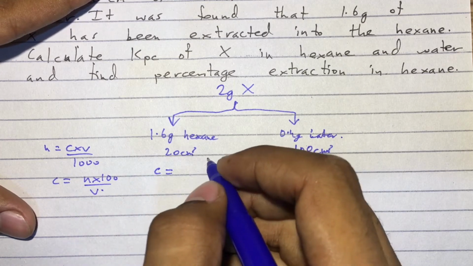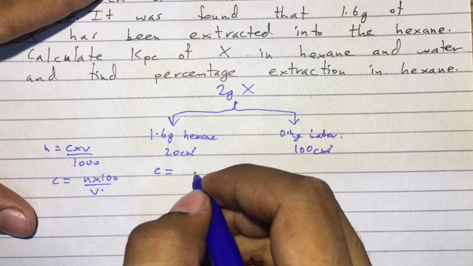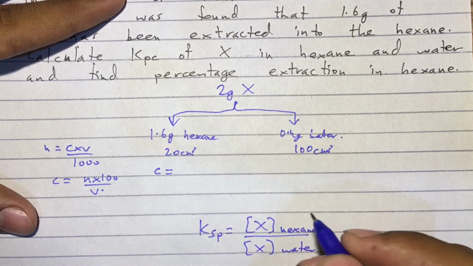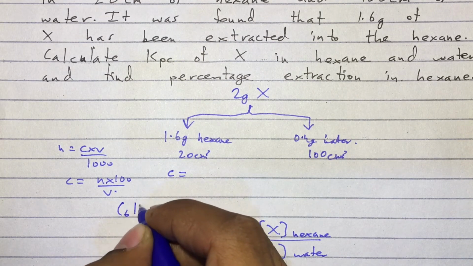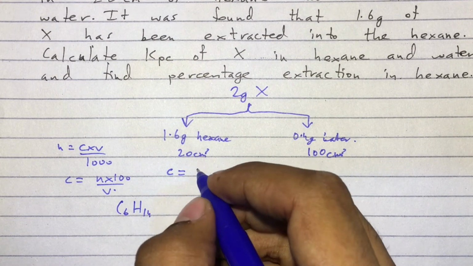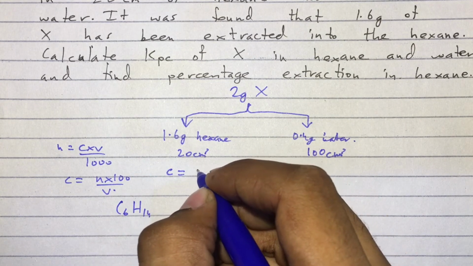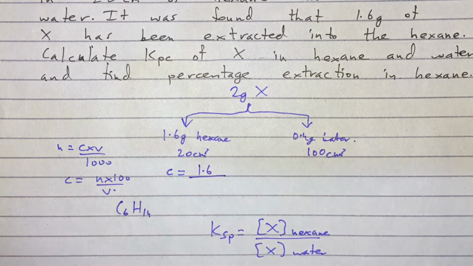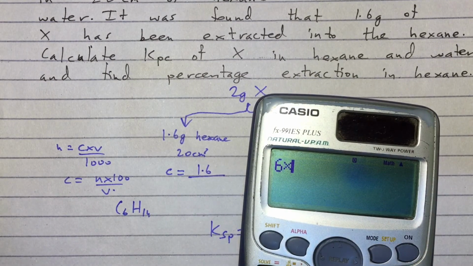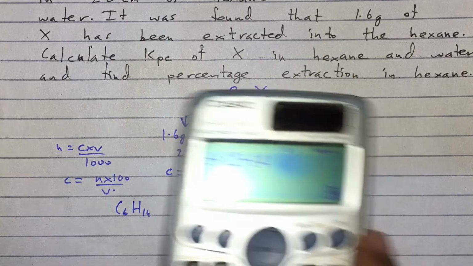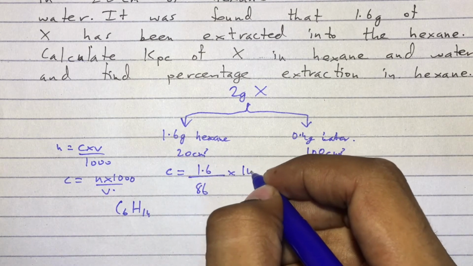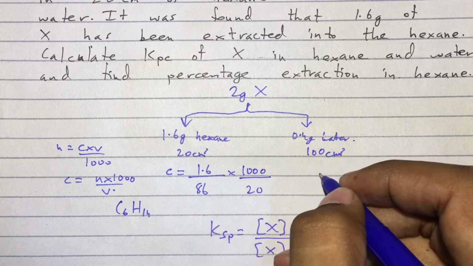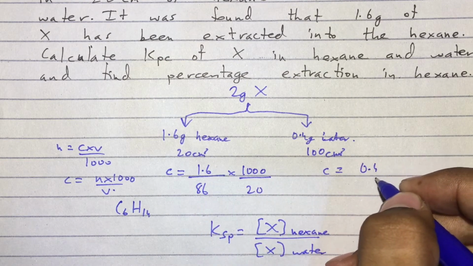Right, so for the concentration in hexane, C6H14, to find the moles we'll have 1.6 upon the Mr. So Mr will be 6 into 12 plus 14, that is 86, into 1000 upon the volume, that is 20, whereas for water it will be 0.4.